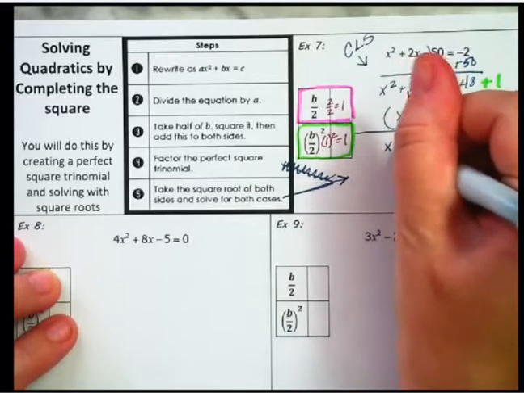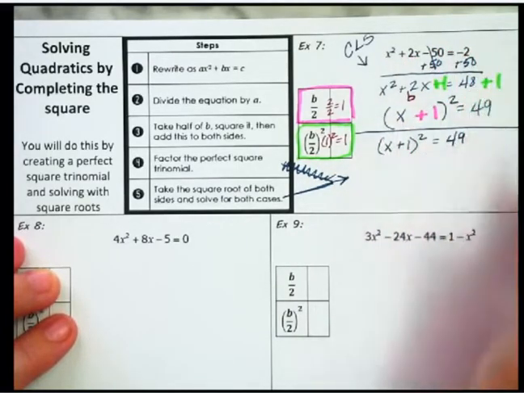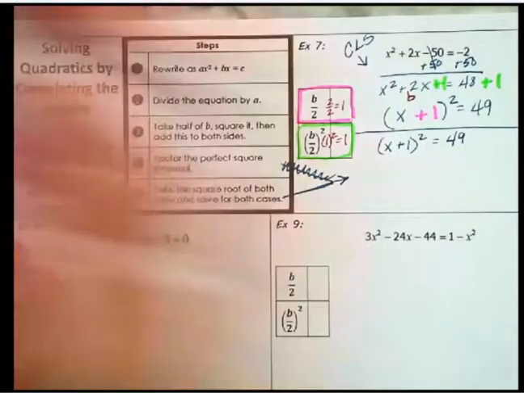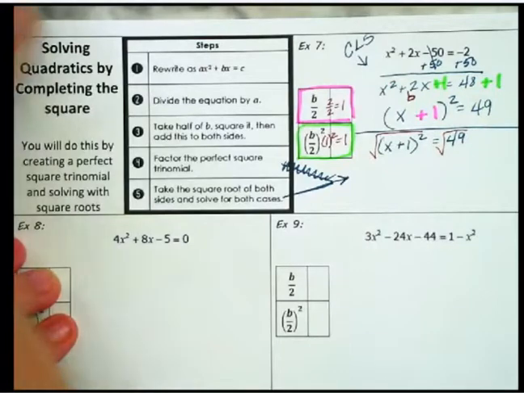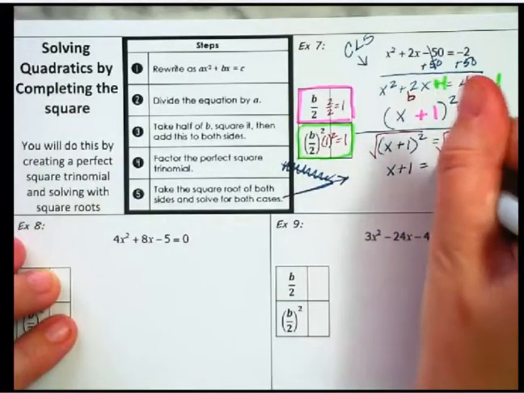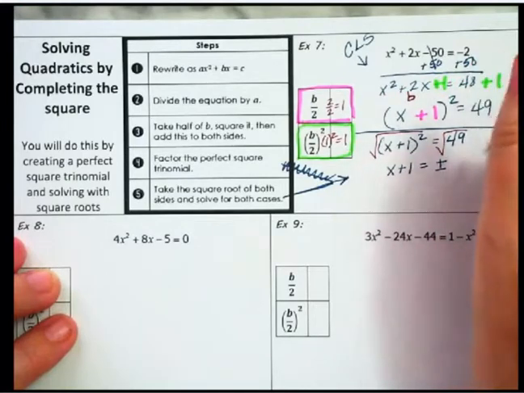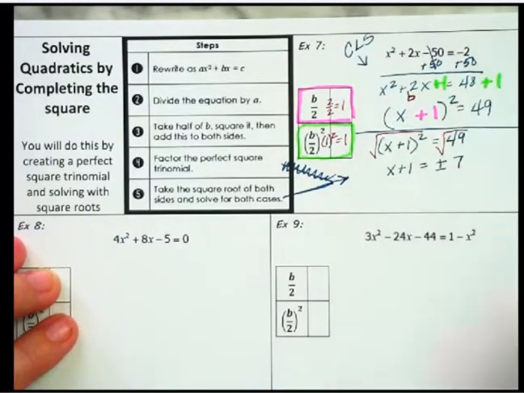So x plus 1 squared equals 49. I'm going to square root both sides. So I get x plus 1 equals the square root of 49, which is 7. And don't forget the plus or minus.